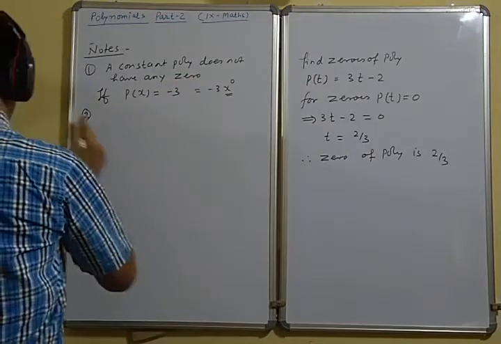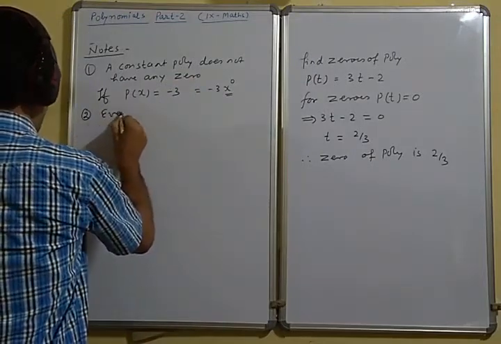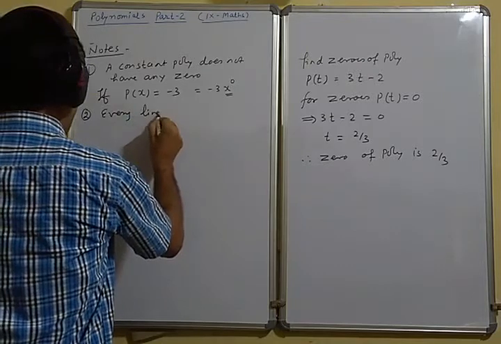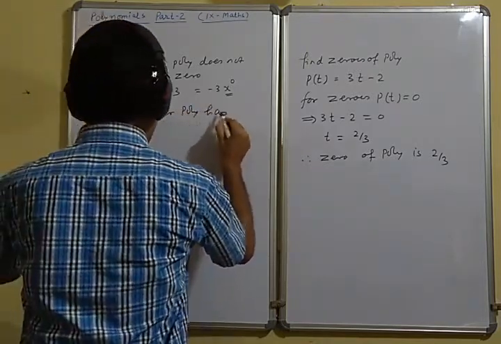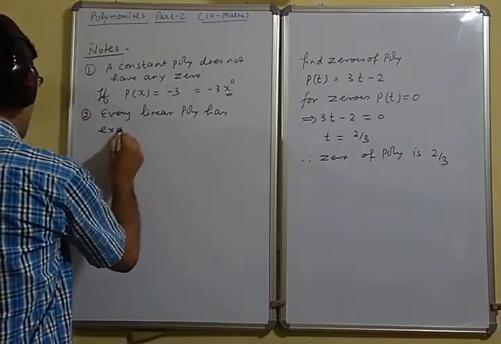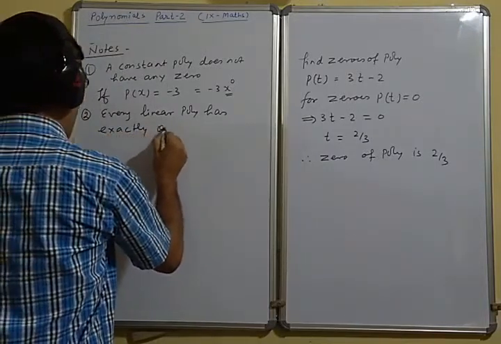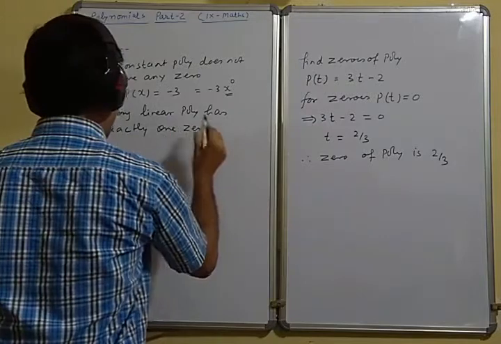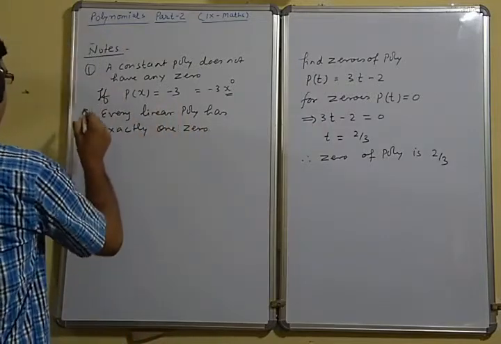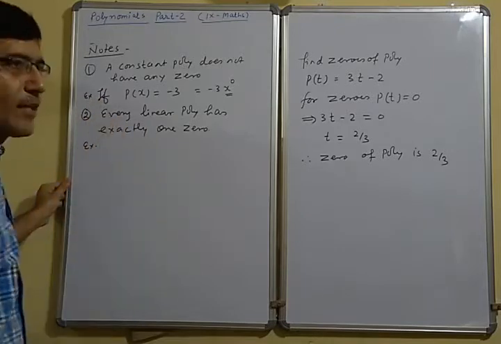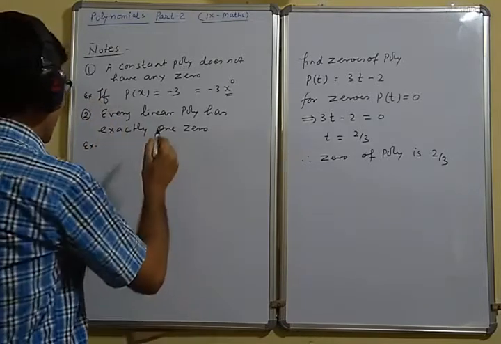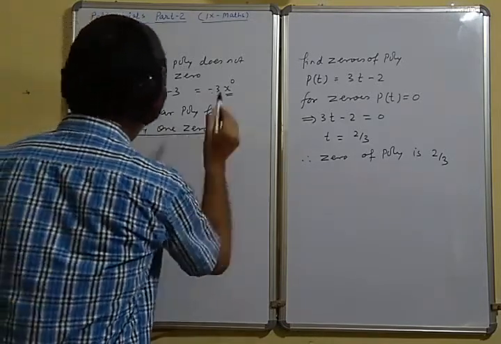Every linear polynomial has exactly 1 0. For an example, you take a linear polynomial. In that case, you will get exactly 1 0.